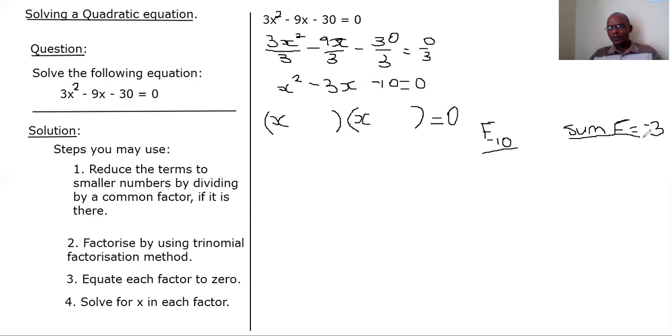So when I add the two factors, they must give me minus 3. What are the factors of minus 10? Here I'm going to list a number of factors so that I exhaust all of them, and at the end of the day we identify the correct pair.